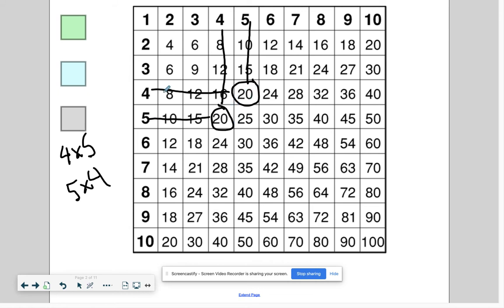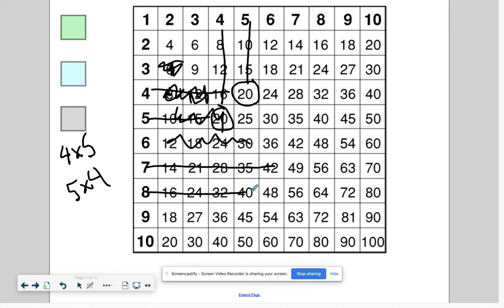What that means is all of the repeated numbers, so here's a repeated 6, I don't need to know that. The repeated 8, I don't need to know that. The repeated 12, all these numbers that show up twice, I don't really need to know. So for example, the 30, it's over here because this is 6 times 5, and this is 5 times 6 over here. So these are all repeats.